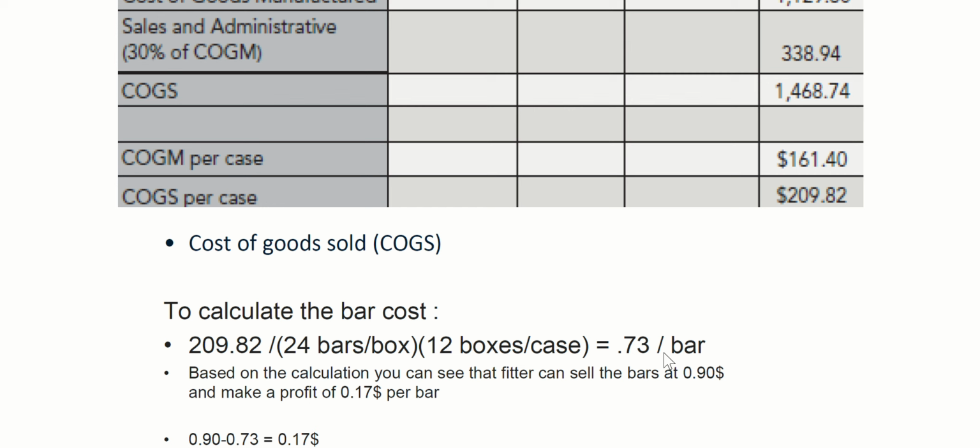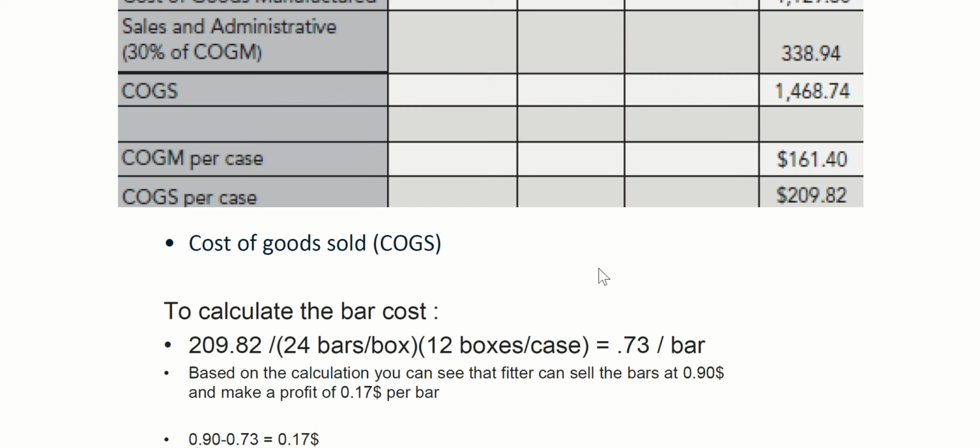Now we have to aim to get a profit, but it shouldn't be so much that customers won't buy it. Here they calculate they can sell it at $0.90, so they get a $0.17 profit. This varies. If you're writing an exam, they may ask at what price you need to sell the individual product to get a $0.17 profit.